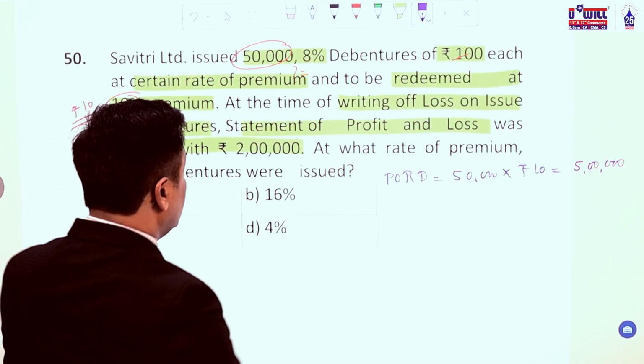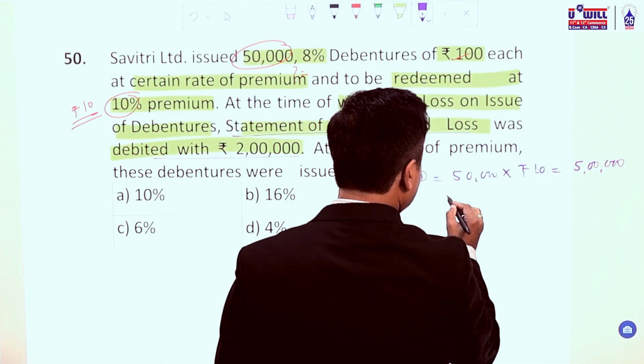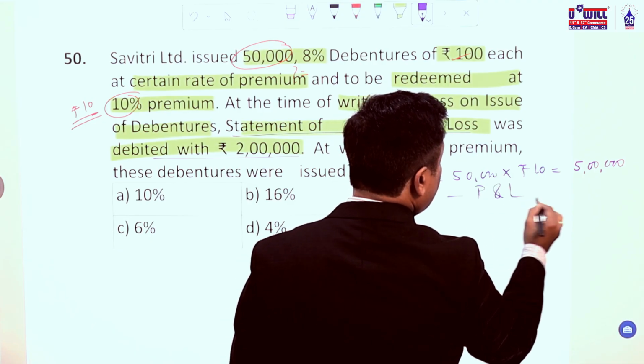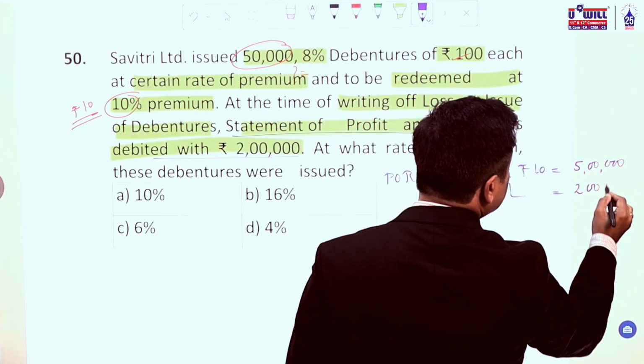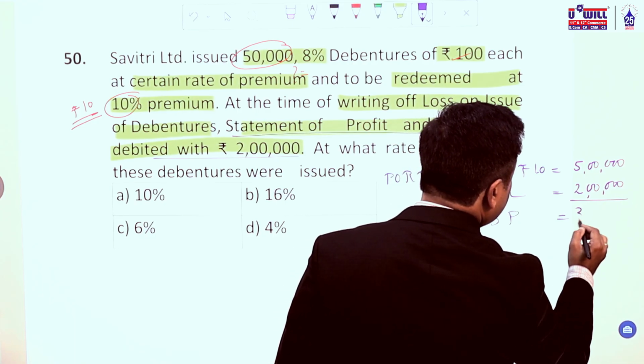And we have used the statement of P&L for 2 lakhs to write it off. Means can I say securities premium would have been used for the remaining 3 lakhs?